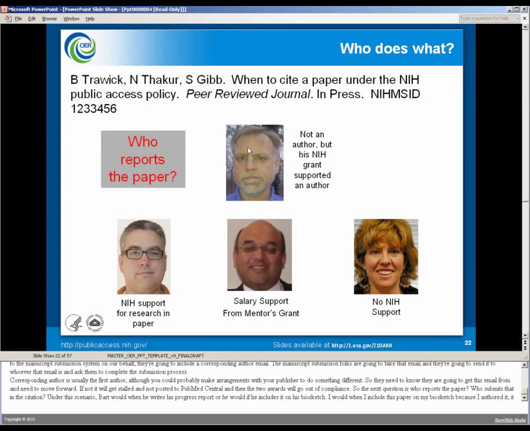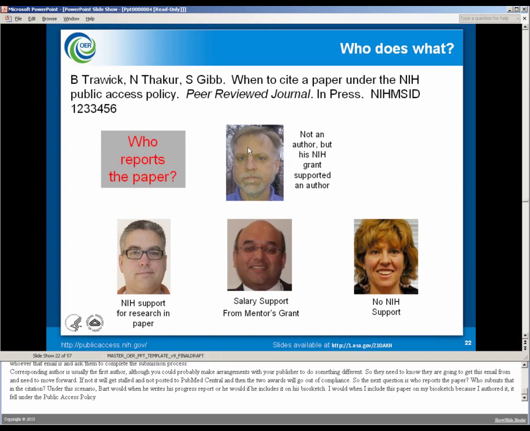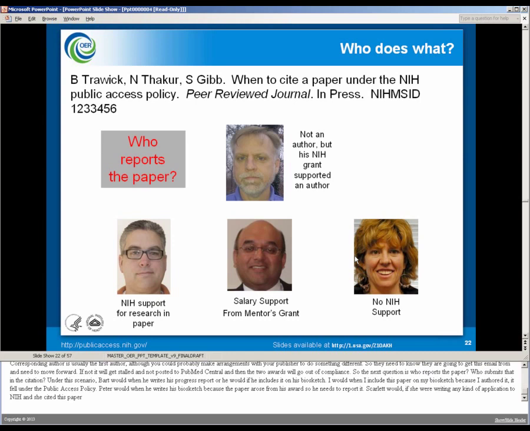Peter would when he writes his biosketch because the paper arose from his award, so he needs to report it. Scarlett would if she were writing any kind of application to NIH and she cited this paper because it fell under the public access policy and it was NIH supported and she was an author.